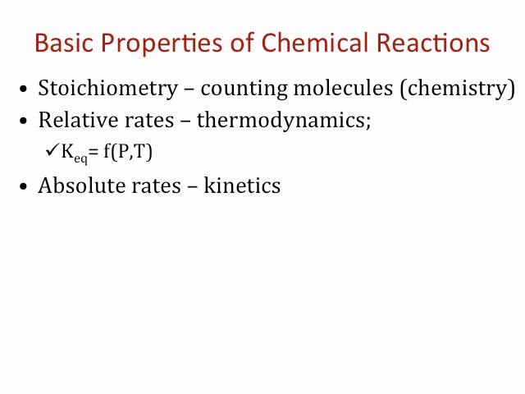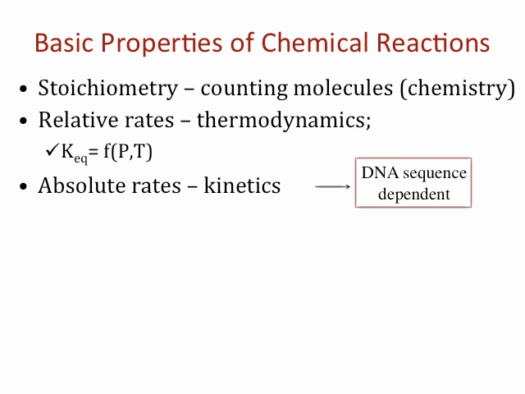On the other hand, as we discussed in lecture 2, the absolute rates of a reaction vary. This is where enzymes come into play, and they can accelerate reaction rates by virtue of bringing the reactants into the right proximity with one another.